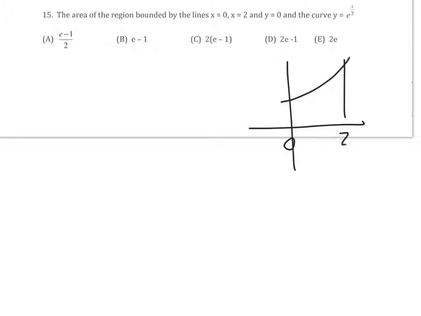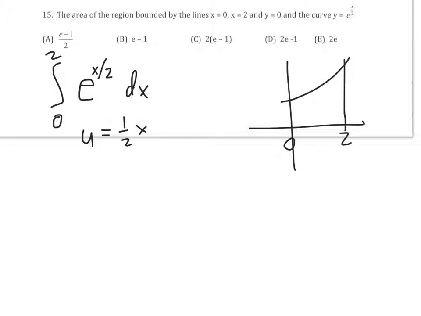This is 0, this is 2. And so you're going to get e to the x over 2 dx. You're going to add those up from 0 to 2, so you need to integrate that. Let your u be 1/2 x. I'll let you go from there. You should end up with an answer equivalent to C.